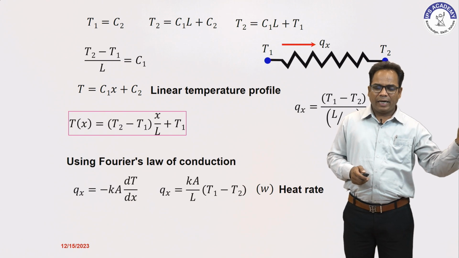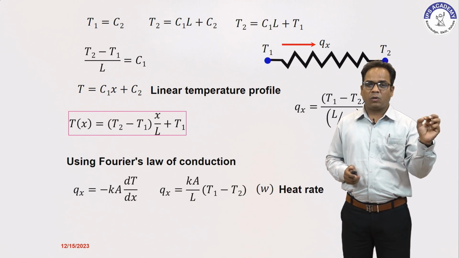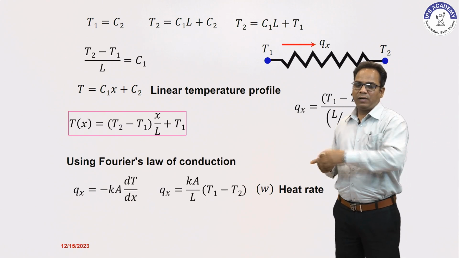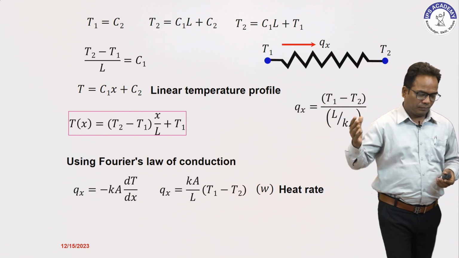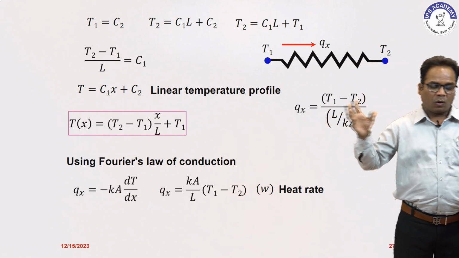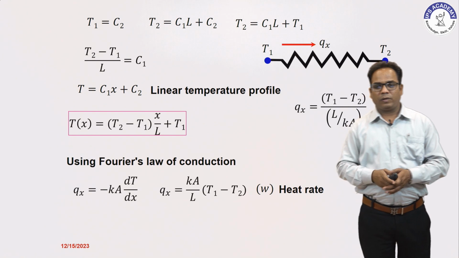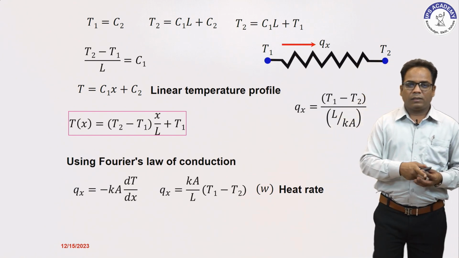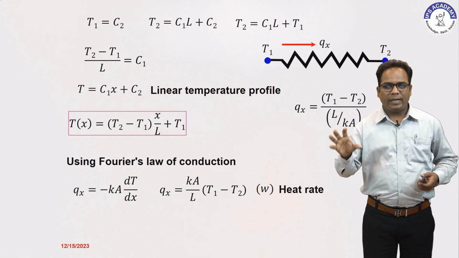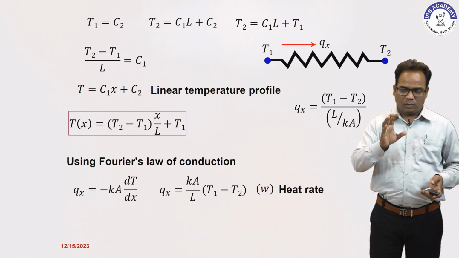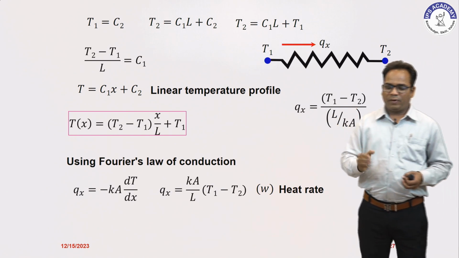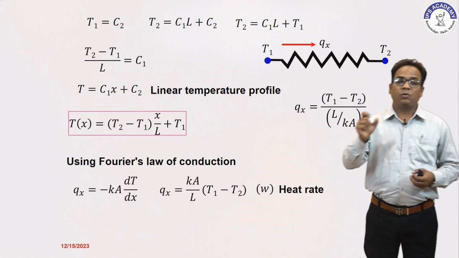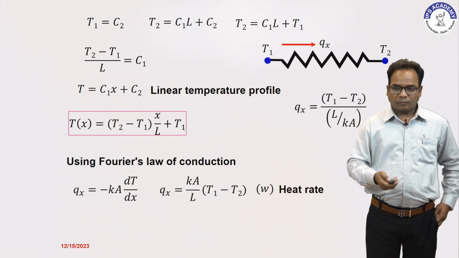The heat flow is considered as the cause, and the potential is the temperature difference. The quantity which restricts the flow of heat from high temperature to low temperature is known as resistance.